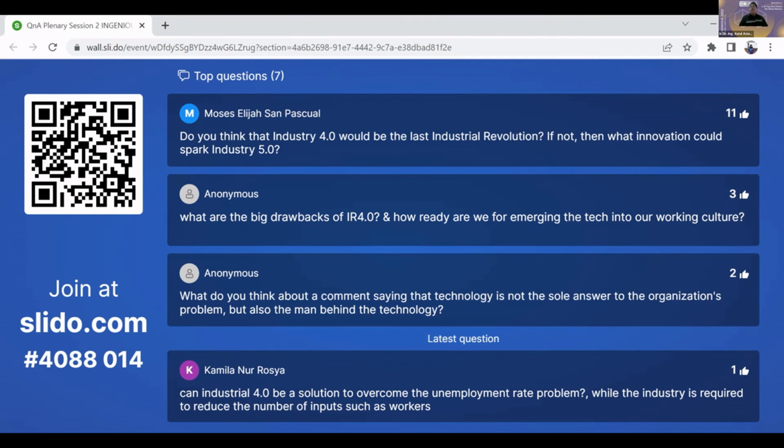So I don't think Industry 4.0 is going to be the last one. There are going to be future revolutions, especially when we talk about sustainability.